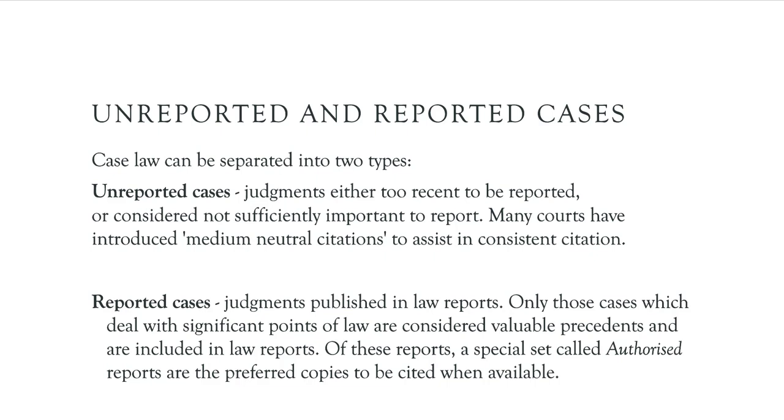Reported cases are judgments that are officially published in a law report series. So if you think about books on a shelf being published, cases will be reported on and published in a law report series. And really it's those cases that deal with significant points of law that will go on to be published as valuable precedent in a law report. Of those reports, a special set is called the authorized reports, and they're the preferred copies to be cited when that's available.